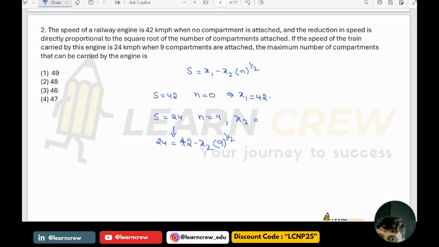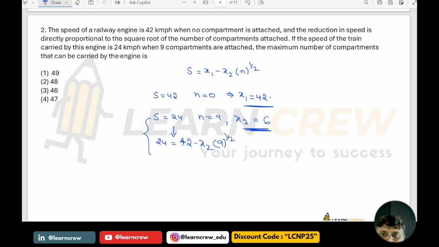So 3x2 is equal to 42 minus 24, and from this you get x2 as 6. So now x1 is 42, x2 is 6. These are the constants; the speed is a function of x1 and x2. Now what is given?